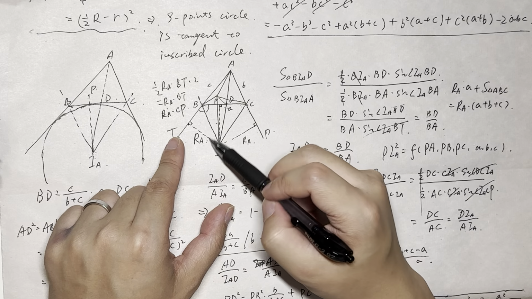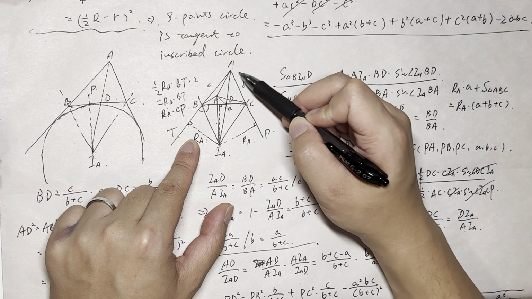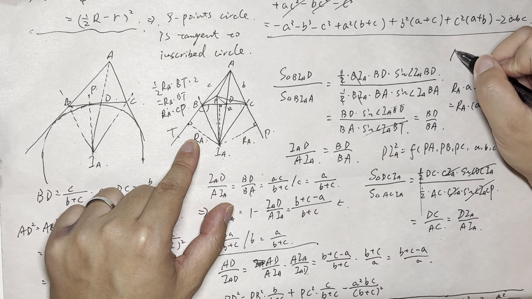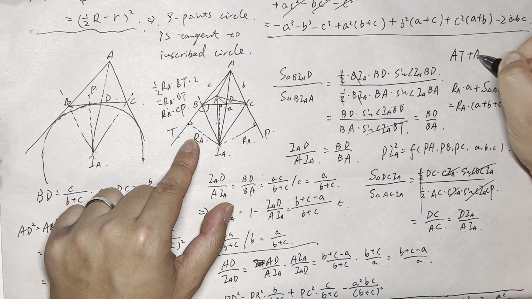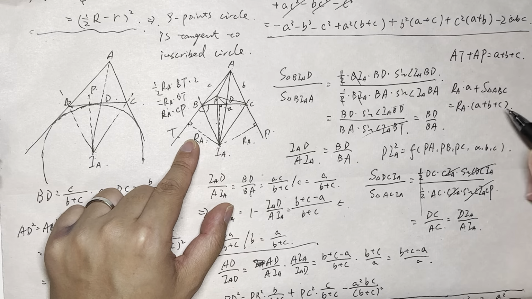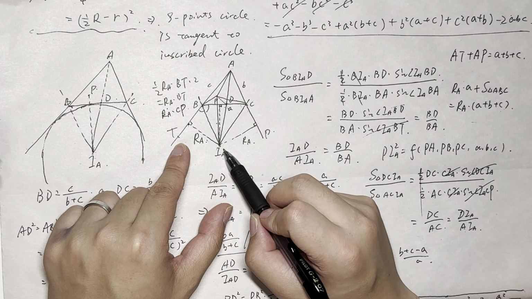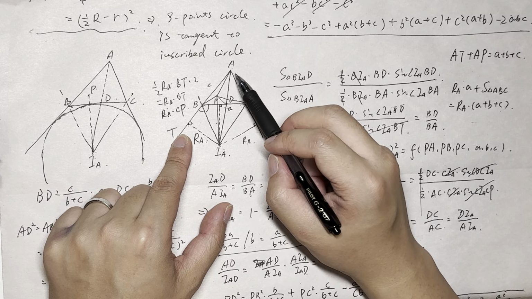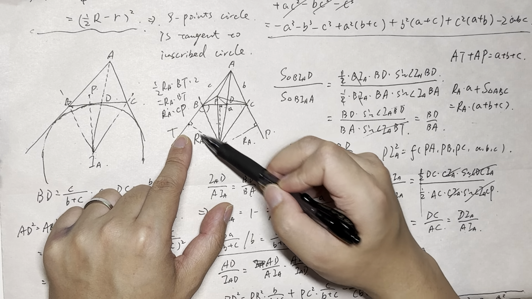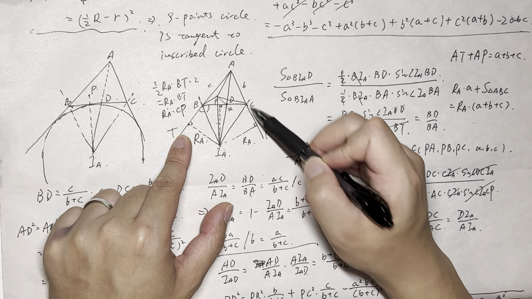RA is this one, so the AT plus AP, because AT plus AP equals a plus b plus c, right? That is RA times this one and this one.